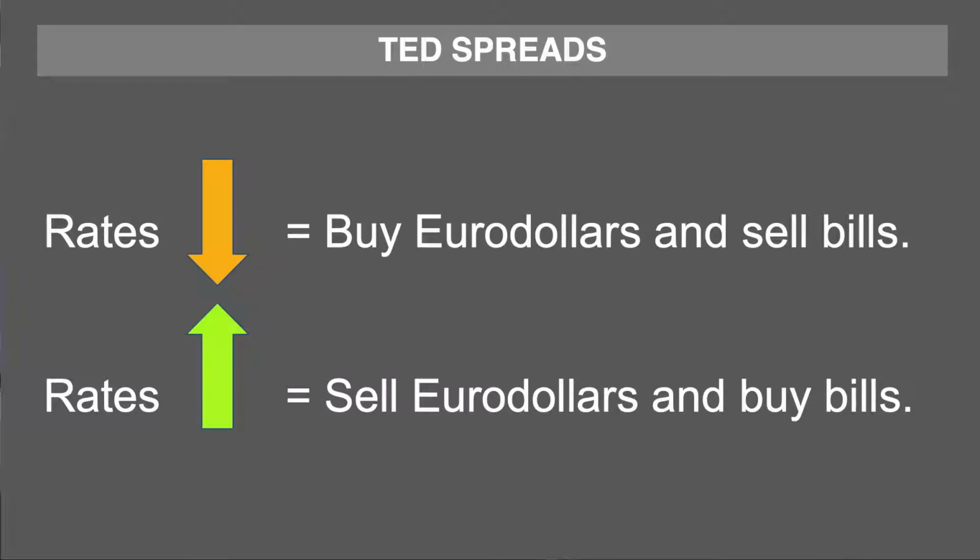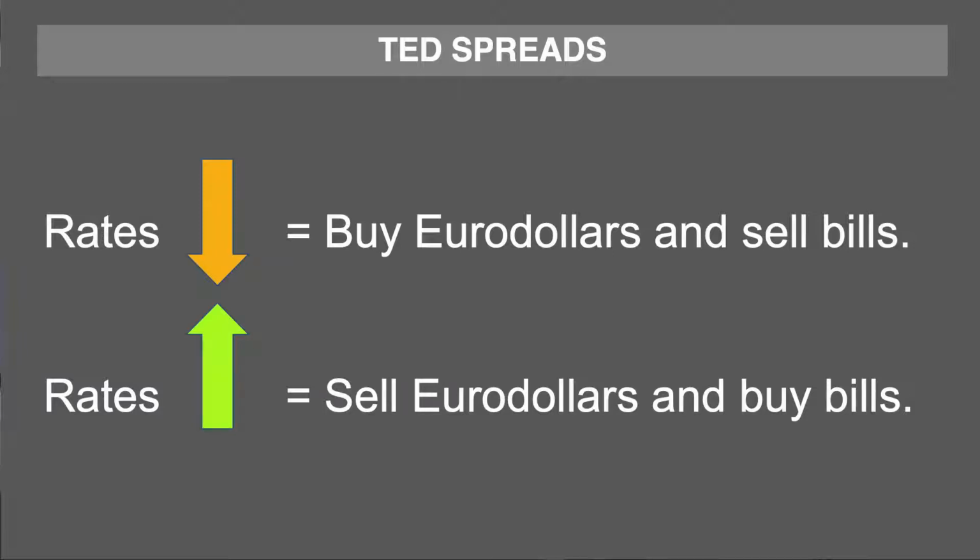If rates are going down, this is the position we would want to take, because as rates go down, the price of the Eurodollar future would trade higher by more than the increase in the corresponding short Treasury bill contract. Let me say that again. If rates went down, the price of the Eurodollar contract would increase more than the Treasury bill contract.